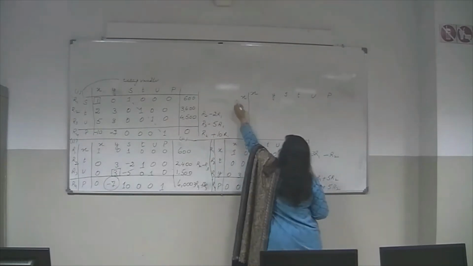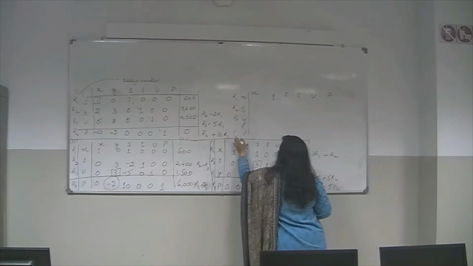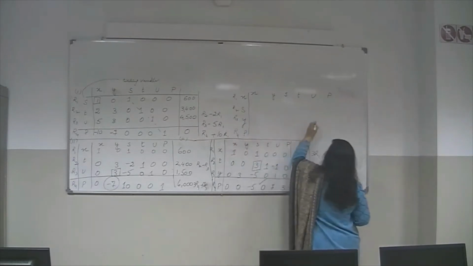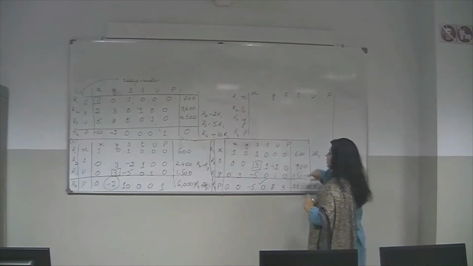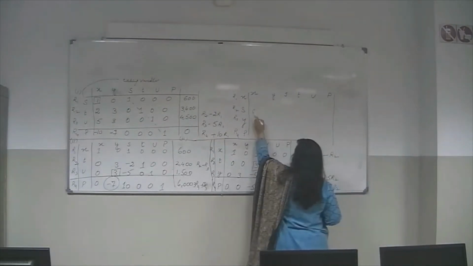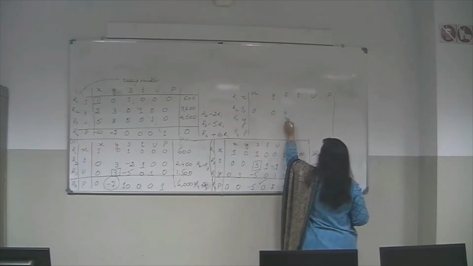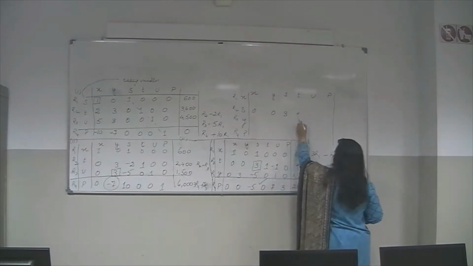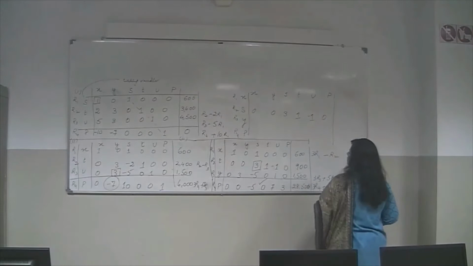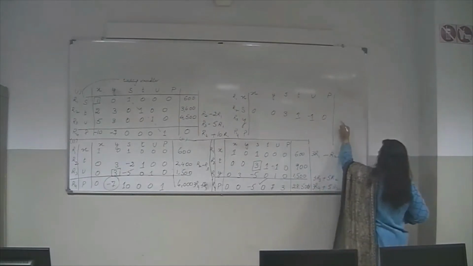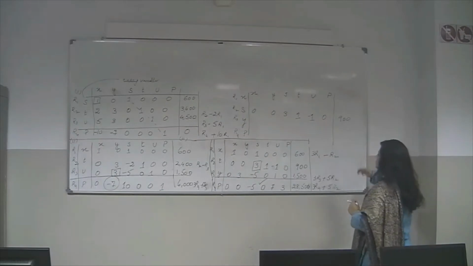So this is row 1, row 2, row 3, and this is row 4. And since I'm going to be writing the pivot values first, because they are not changed: 0, 0, 3, 1, minus 1, and 0, and the value corresponding to it is 900.